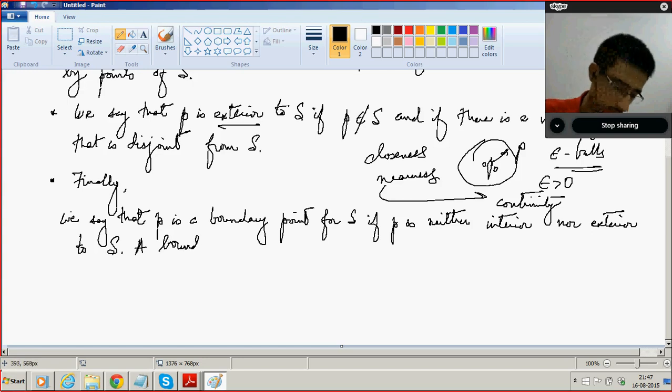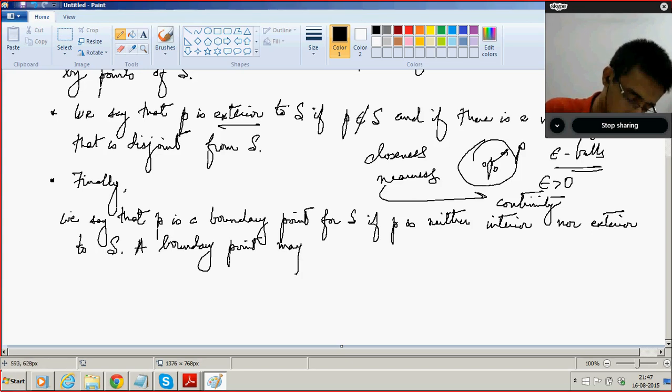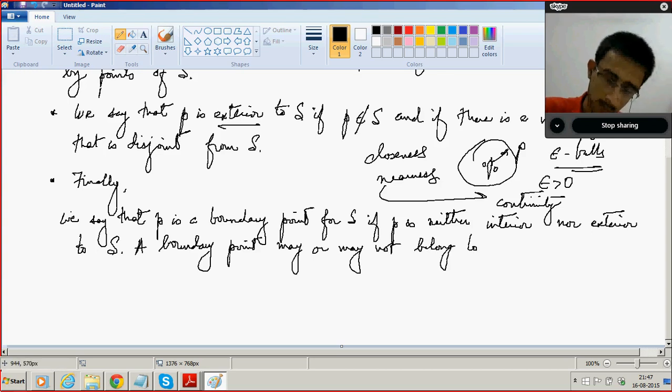A boundary point may or may not belong to S. May or may not belong to S. We'll see examples.